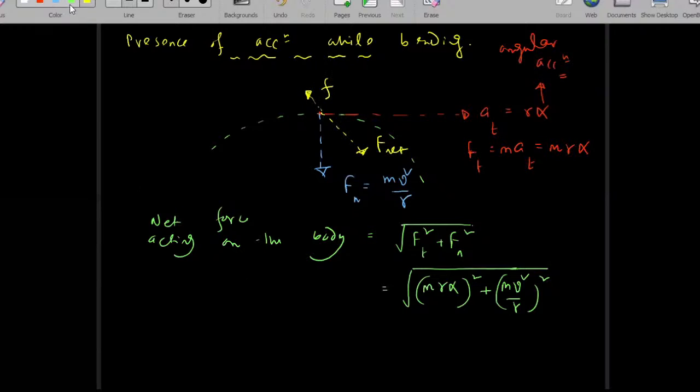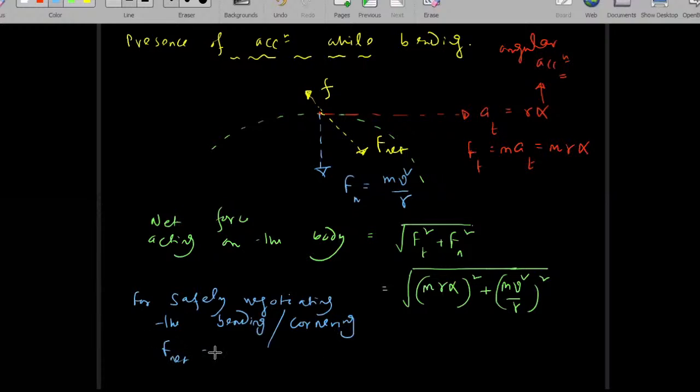So I will now write, for safely negotiating the bending or cornering, F net will be equal to small f.